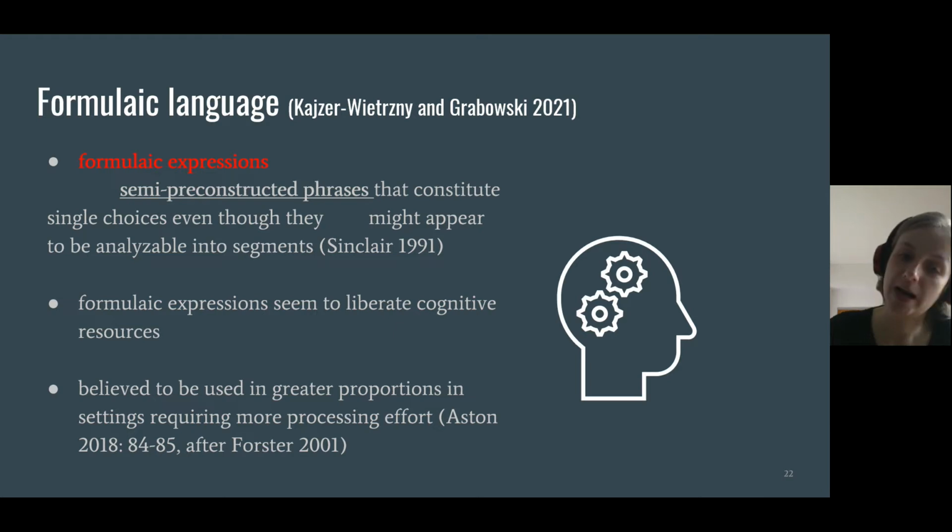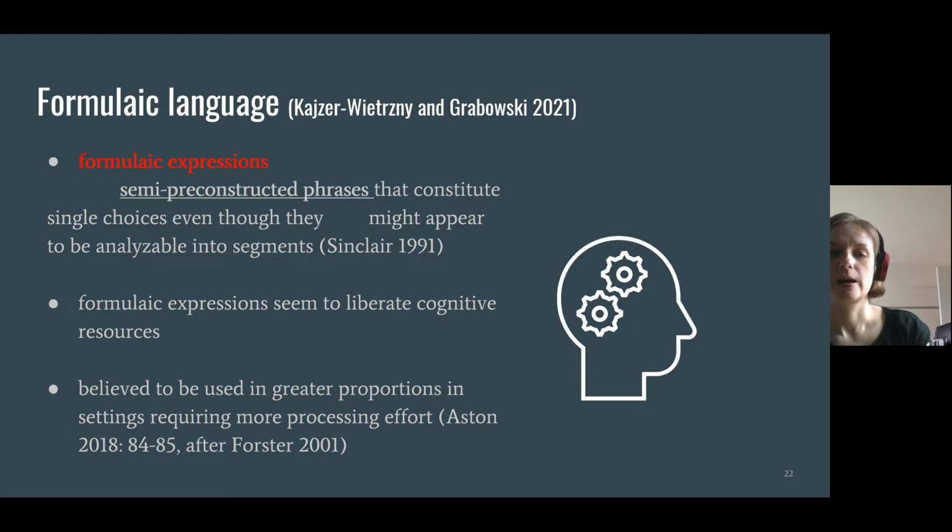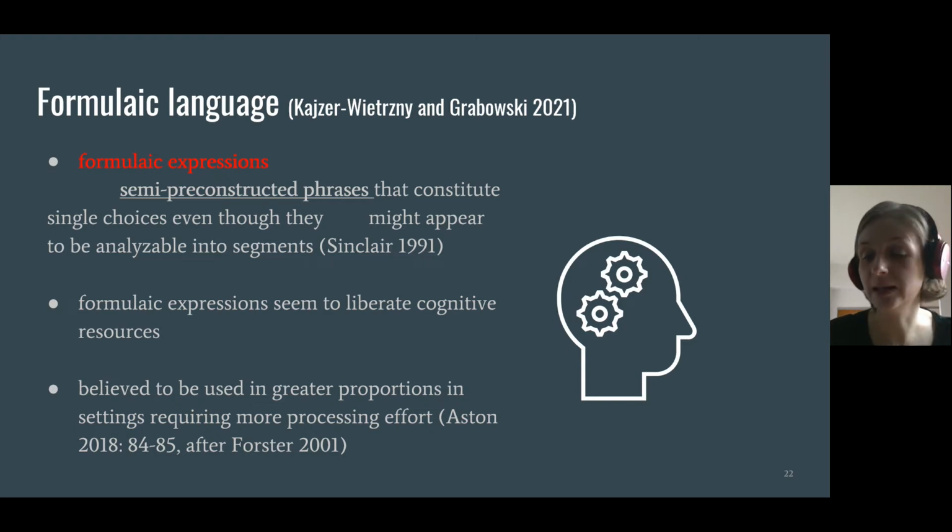And because the brain retrieves these formulaic expressions, so expressions that are pre-constructed, like idioms, for instance, altogether, these formulaic expressions seem to liberate cognitive resources. So when you use these pre-constructed phrases, you don't make such a big effort when speaking, because everything is already stored in your brain, and your brain retrieves it.